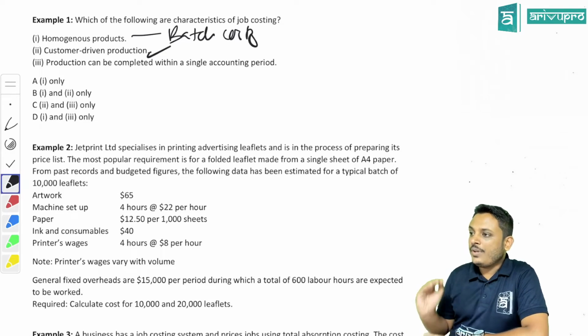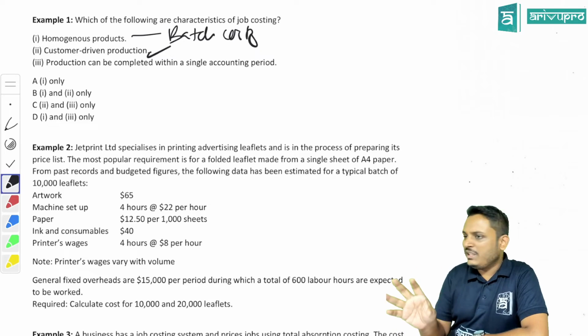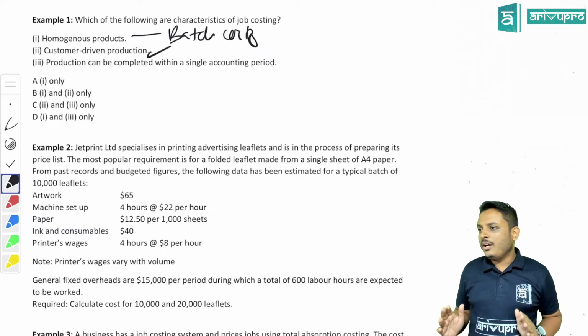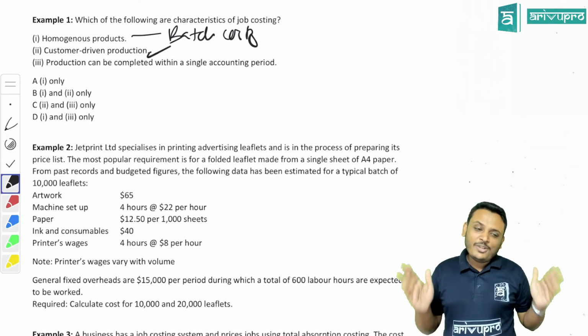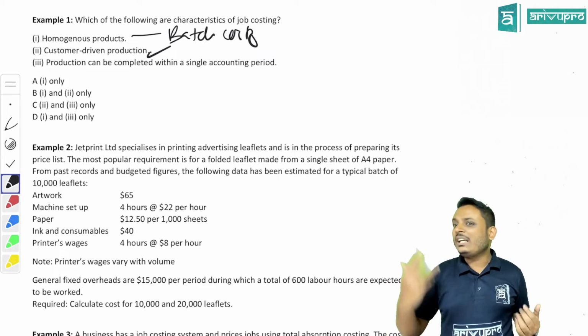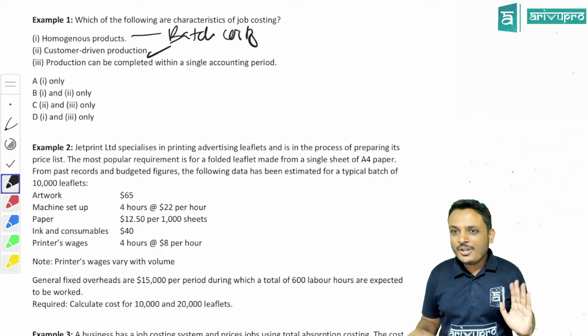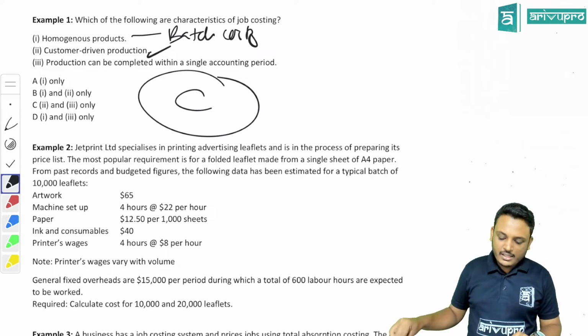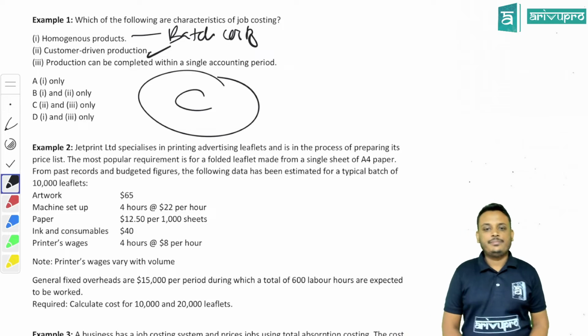That's why I said it is not always, but generally job costing can be finished within a short period of time. Because we are taking individual jobs, we need to complete each job as soon as possible, otherwise the cost will increase significantly. So the correct answer is C.